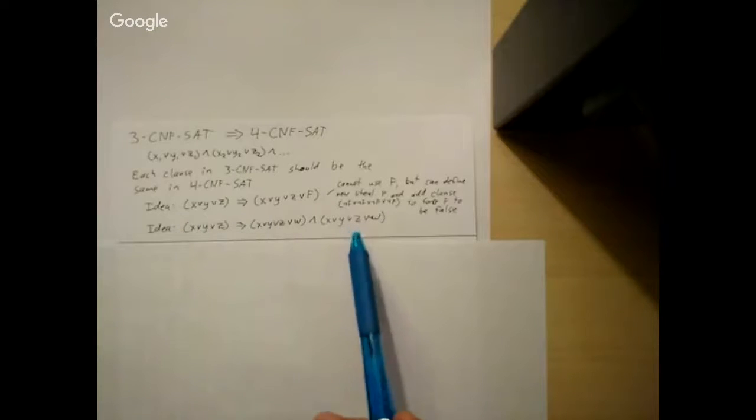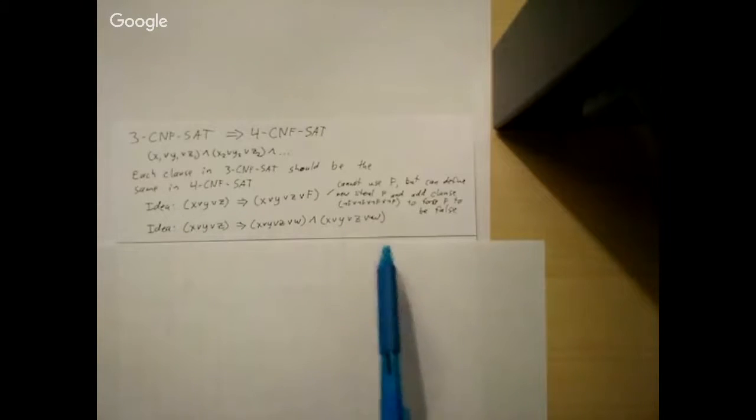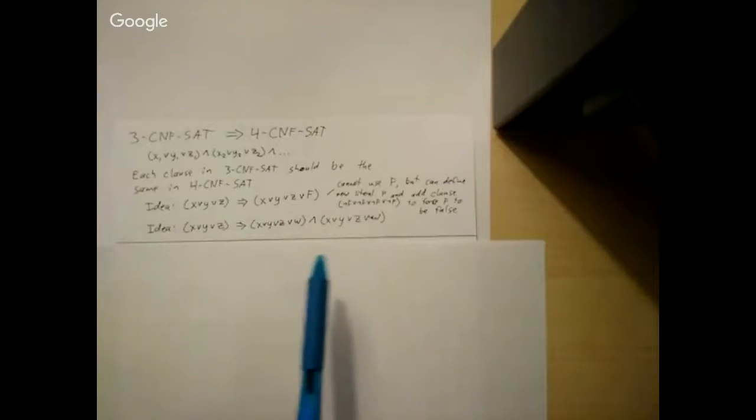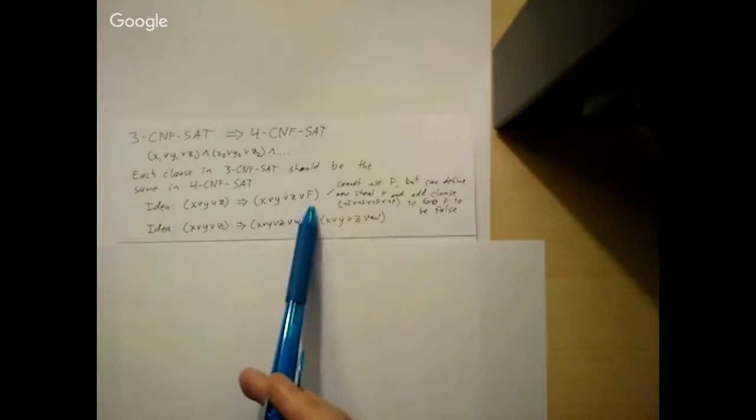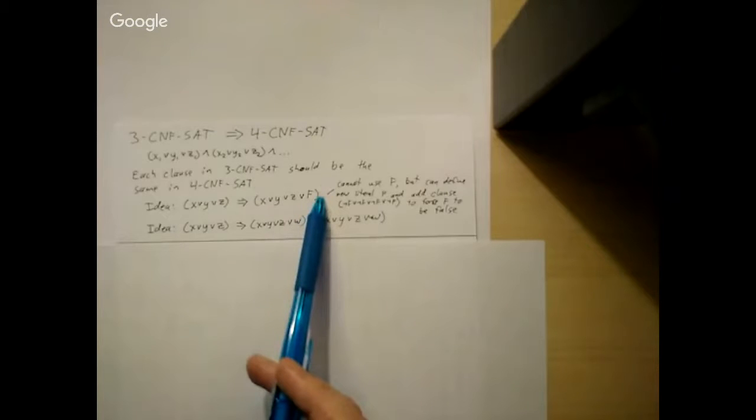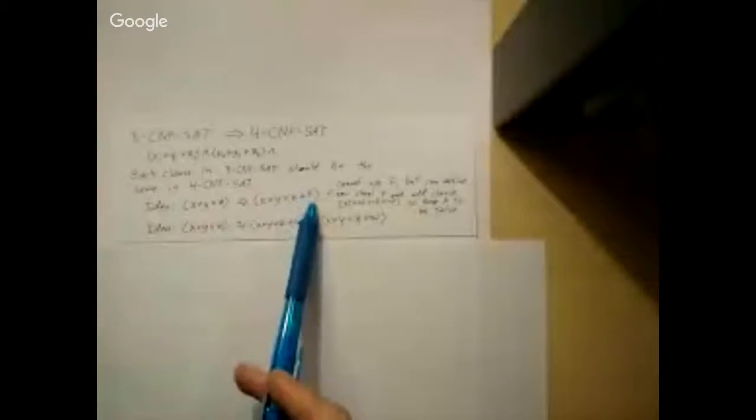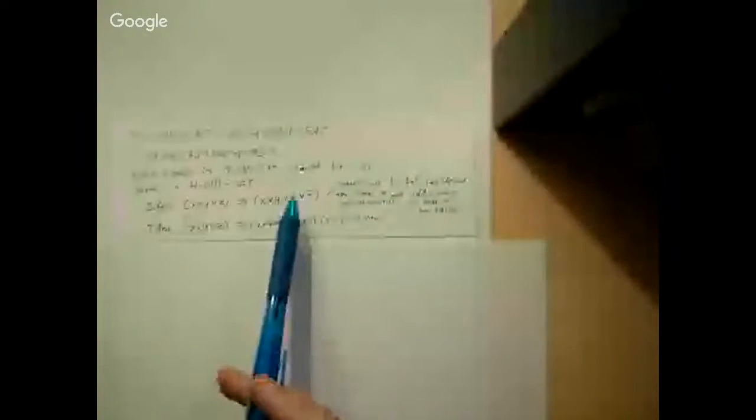But that's not the only way you can fix it up. The other way, which I thought was really clever, is you pick a new variable W, or you could even call it F, because you want it to stand in for false.